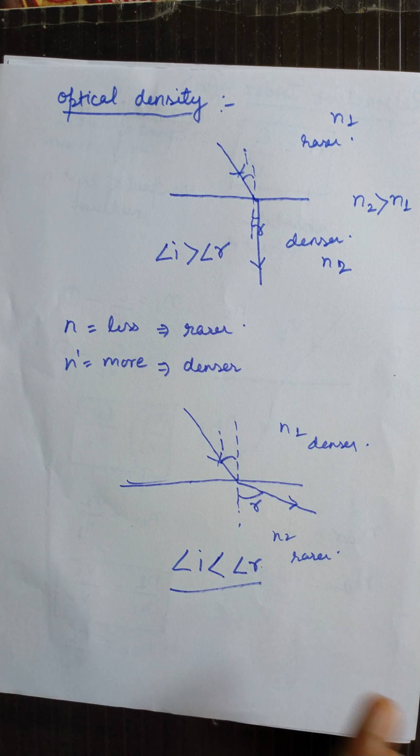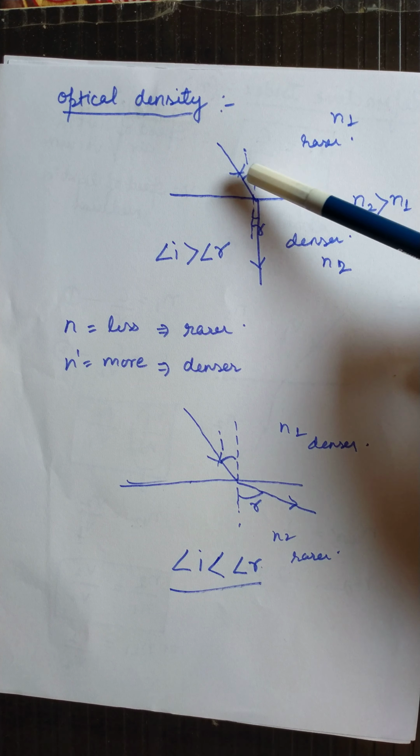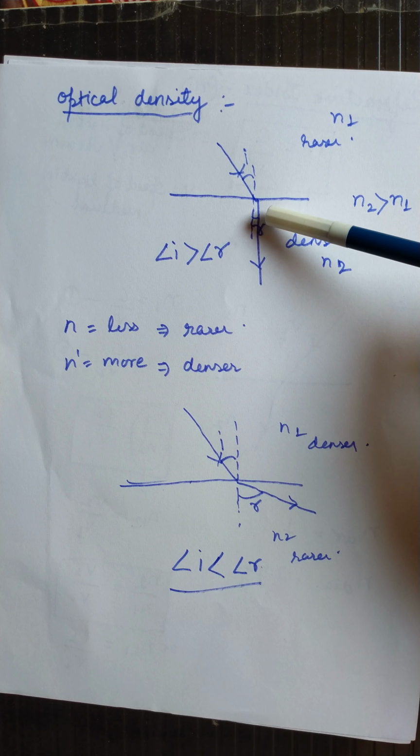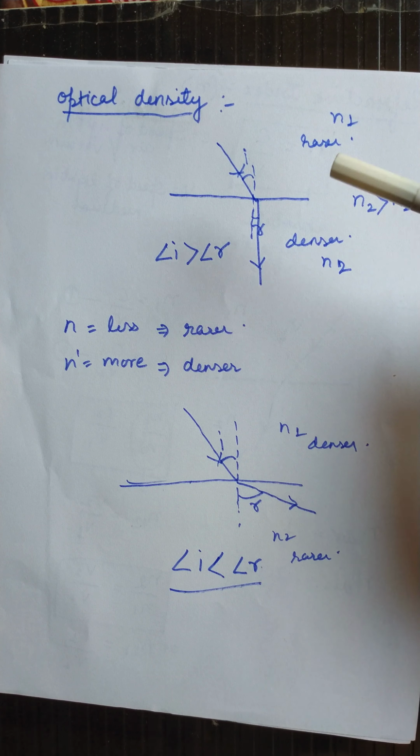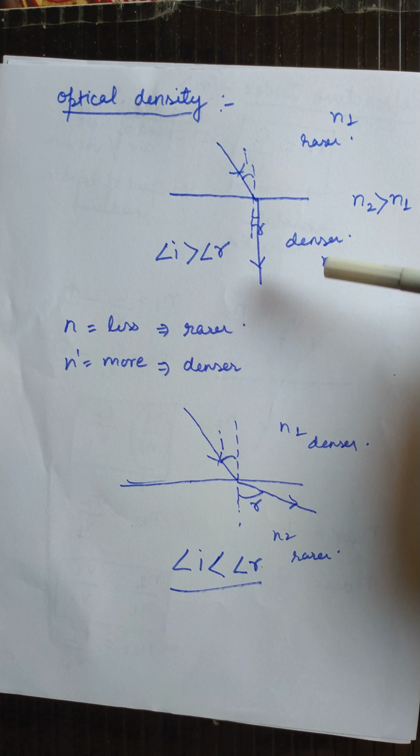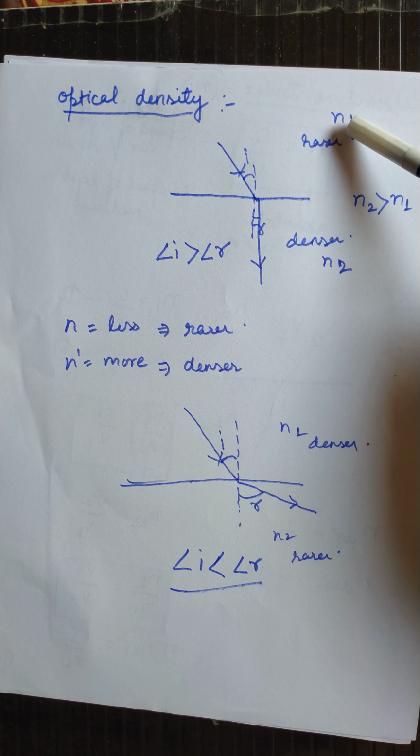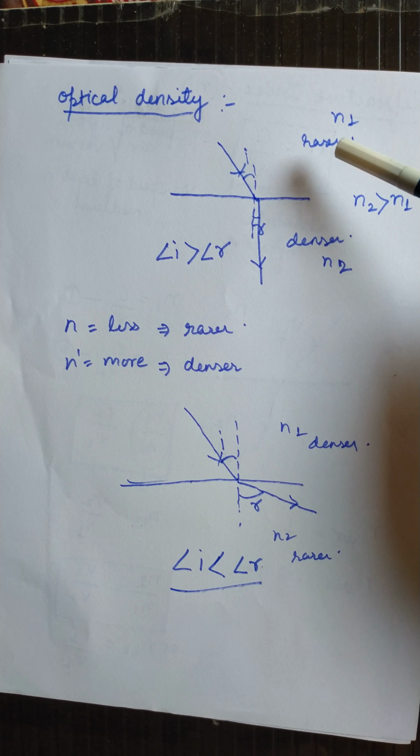So this is optical density: the ability of a medium to refract light. The medium having a high refractive index is optically denser, and the medium having a lesser refractive index is optically rarer.